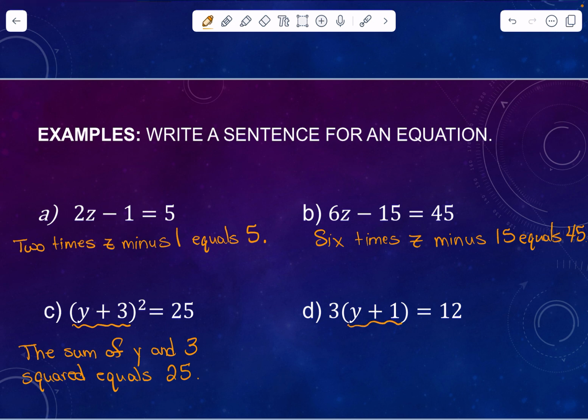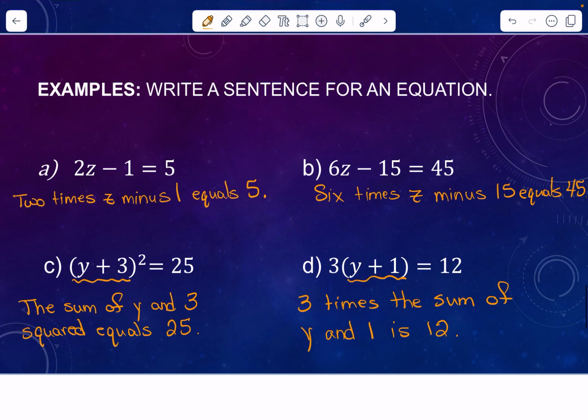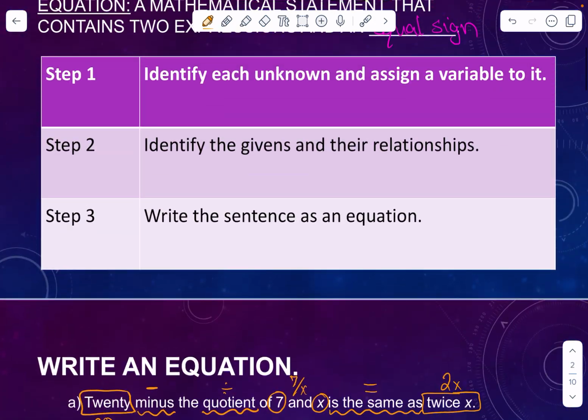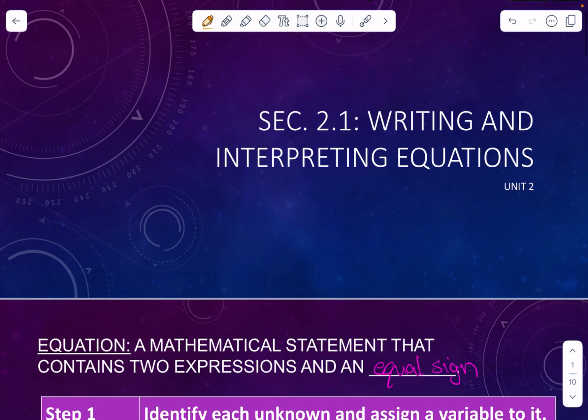Here we got another grouping. We're going to use that same word. So we have 3 times the sum of y and 1 is 12. And that's how we would write those sentences down. And that is what we're going to start off with when we look at how to write equations and interpret them.